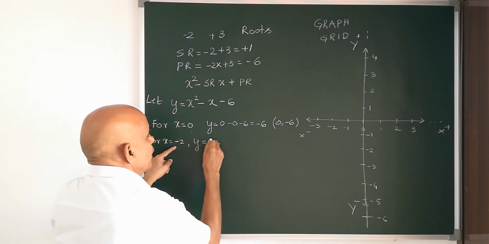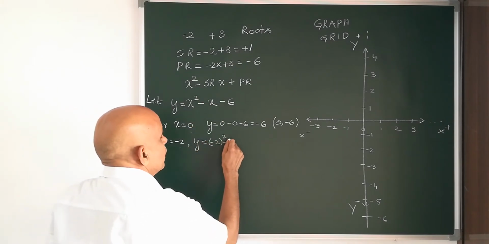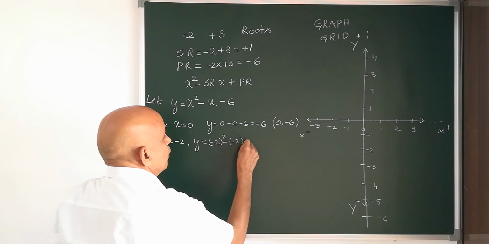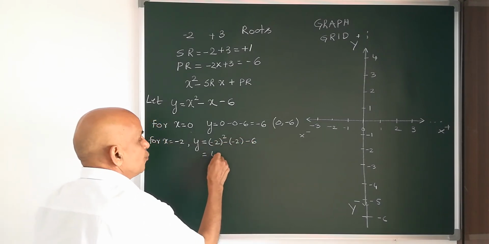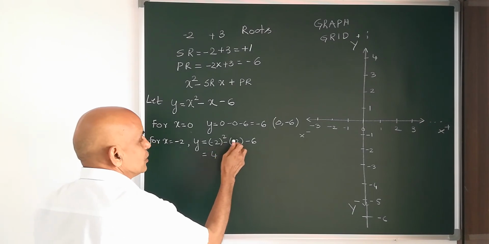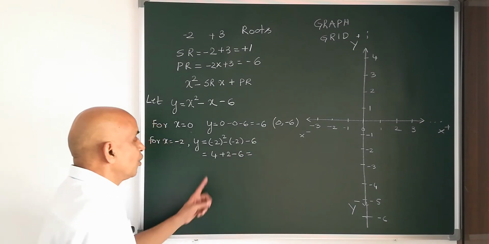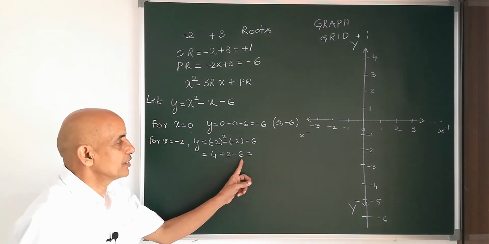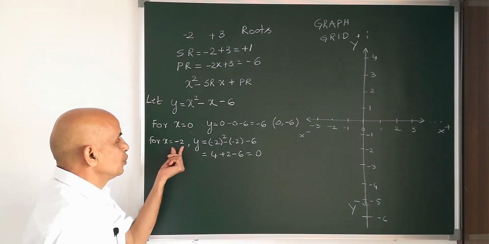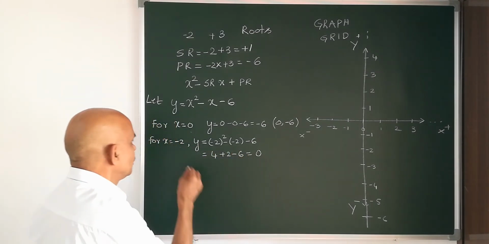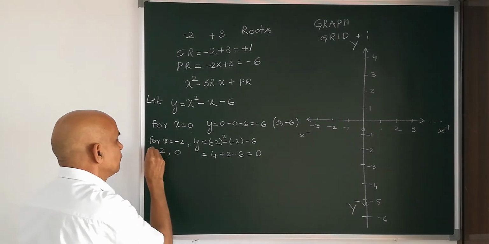So this becomes minus 2 whole square, minus of minus 2, minus 6. Minus 2 whole square is 4. Minus of minus is plus 2, minus 6. 4 plus 2 is 6, minus 6. This becomes 0. So when x is minus 2, y becomes 0. So this indicates the point minus 2, 0.